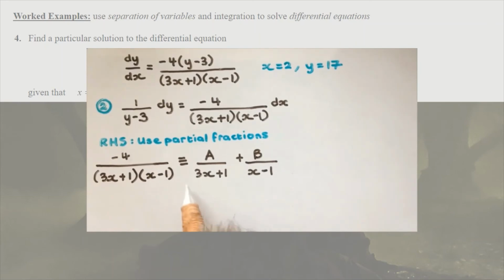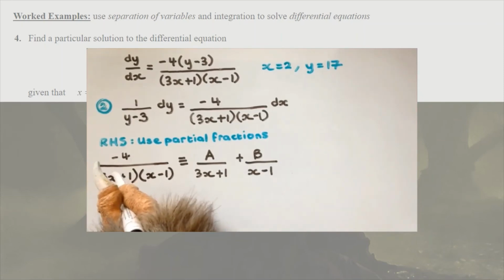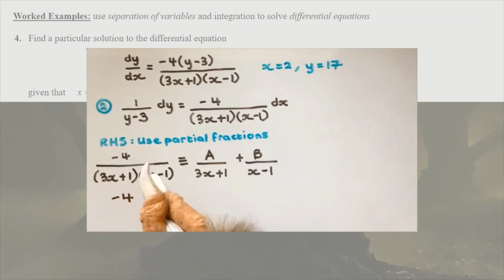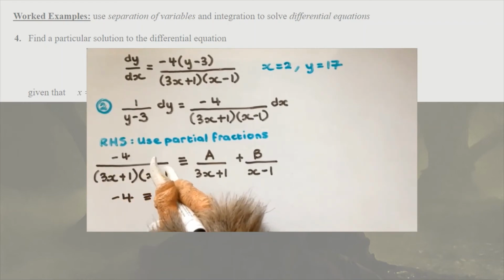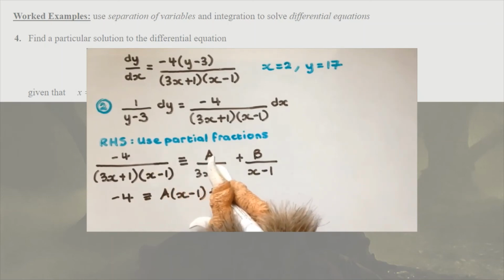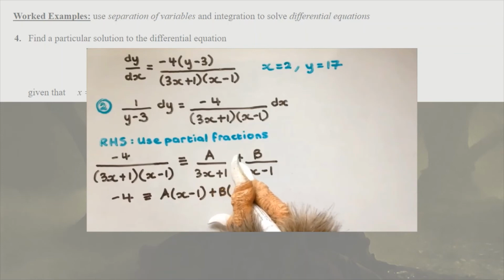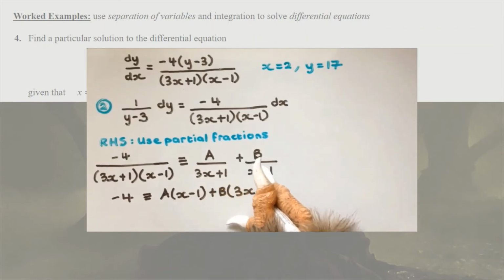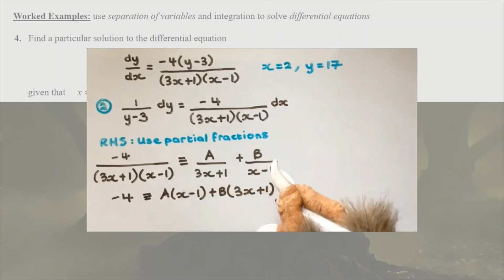Right, so again, on the right hand side, in this particular identity, we're going to have to reconstruct this fraction here and equate coefficients. So that means, and you've done this lots of times now, -4 must be identical to a multiplying x subtract 1 plus b multiplying 3x plus 1. I'm not doing all the steps here because we've done this many times now.